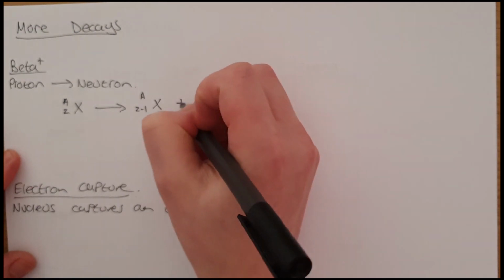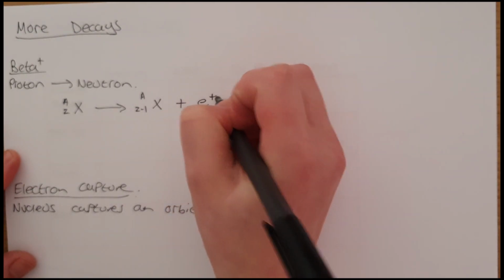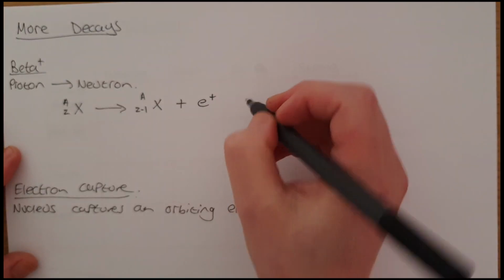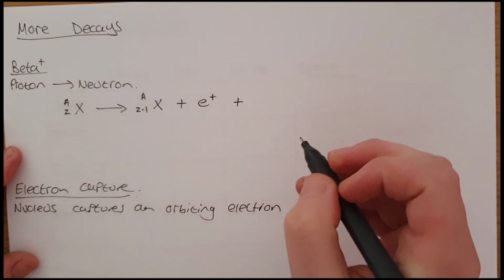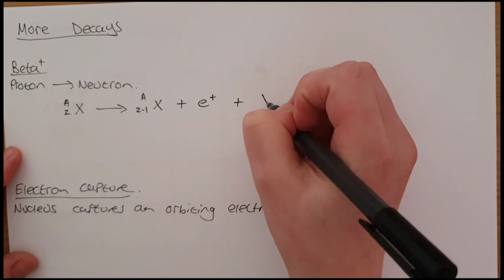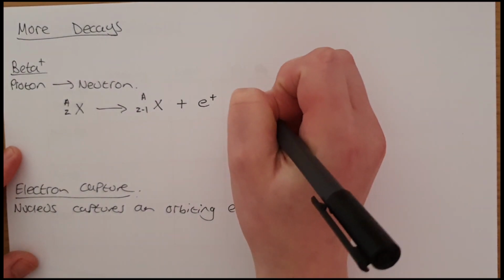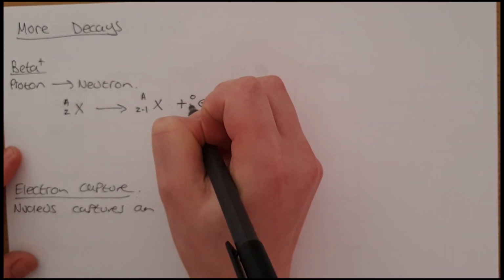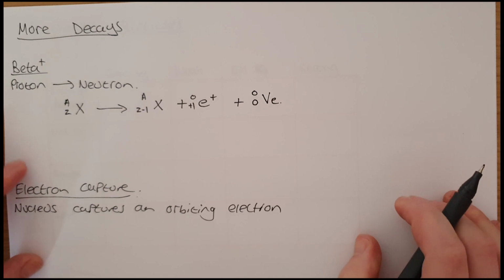Because it's beta plus, this gives out a positron, which is the antiparticle of an electron, and this time, instead of an anti-electron neutrino, we get an electron neutrino. Let's represent their nucleon numbers and their proton numbers like that.